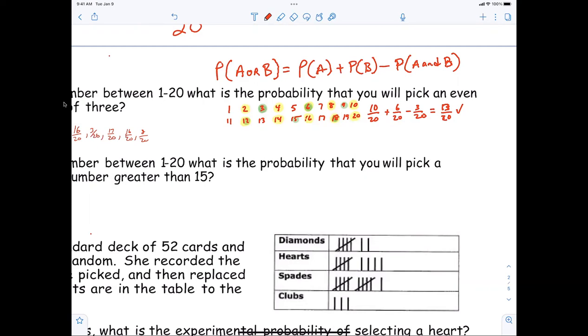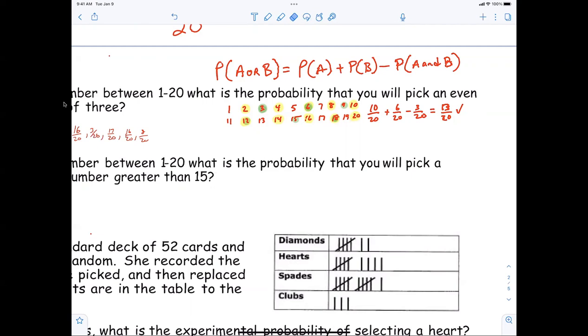That's the formula. You should write that down at the top. Do I expect you to memorize it? No, I'm just saying that's a little bit more advanced. So what's A and what's B in that? Event A is the probability of getting an even.